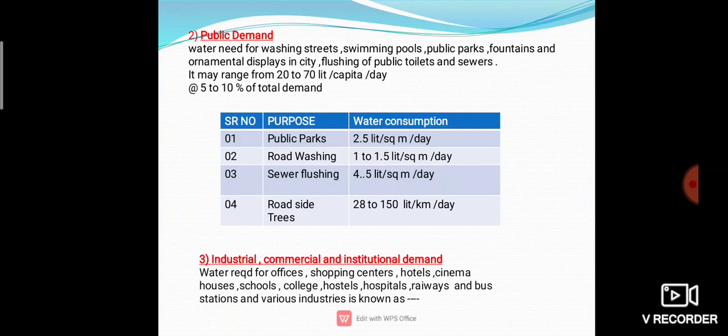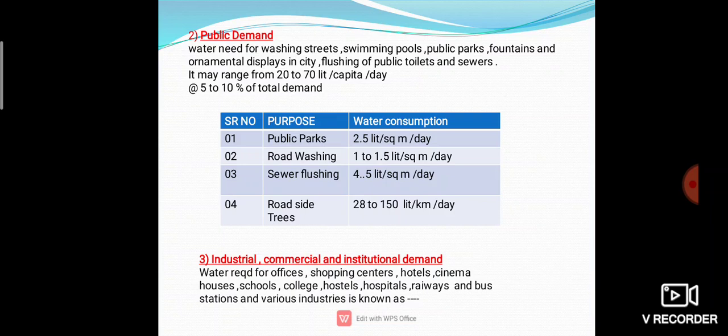After this comes industrial, commercial, and institutional demand. Water is required for offices, shopping centers, hotels, cinema halls, schools, colleges, institutional buildings, hostels, hospitals, railways, and bus stations, and for various industrial purposes.